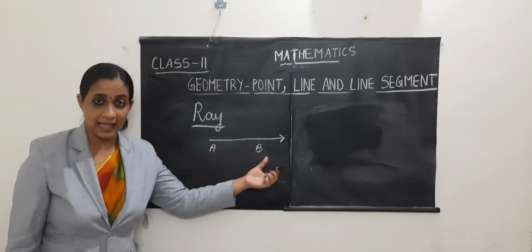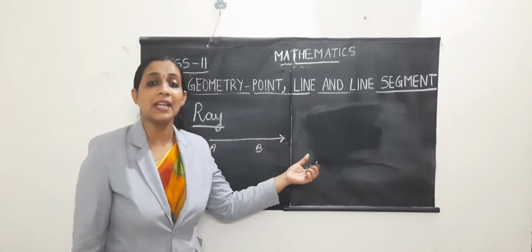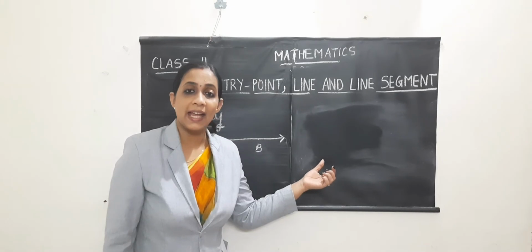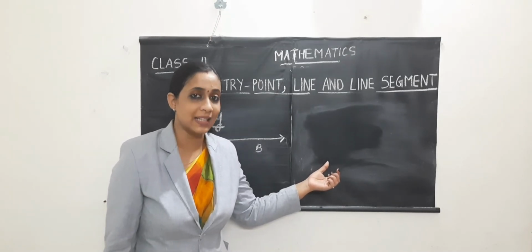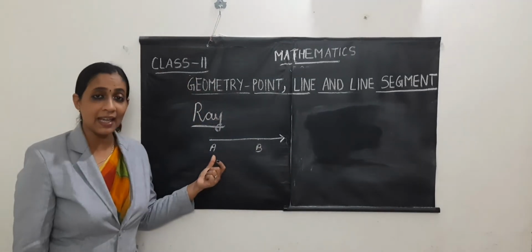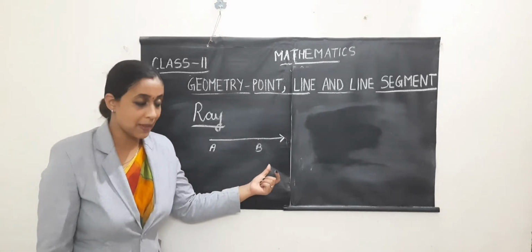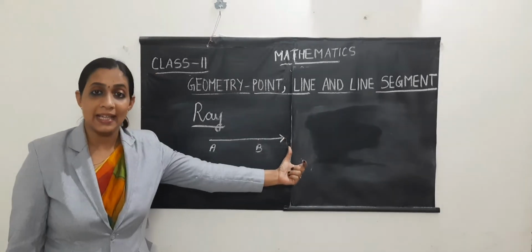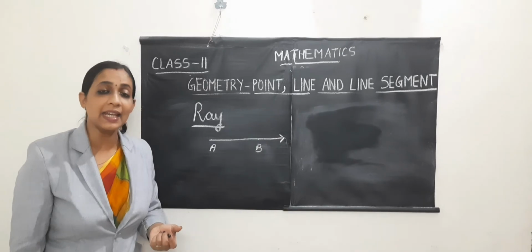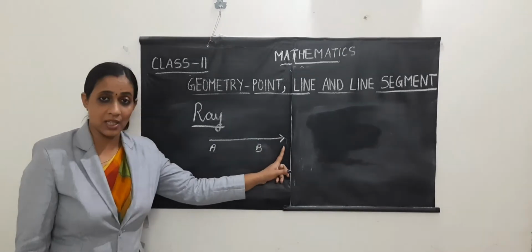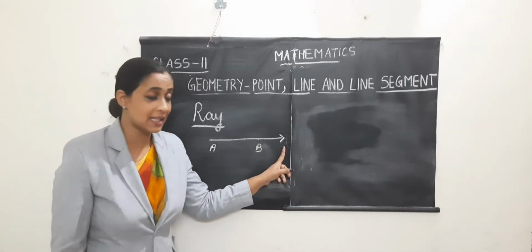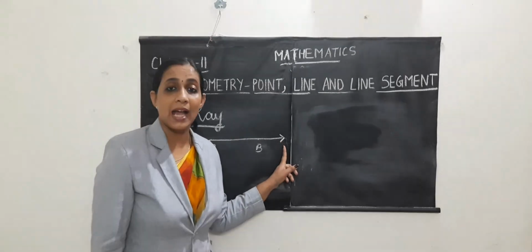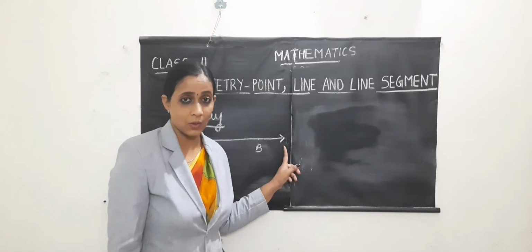So what is a ray? A ray is a line segment that can be extended endlessly in one direction, only in one direction. That's why we put an arrow on one end only.